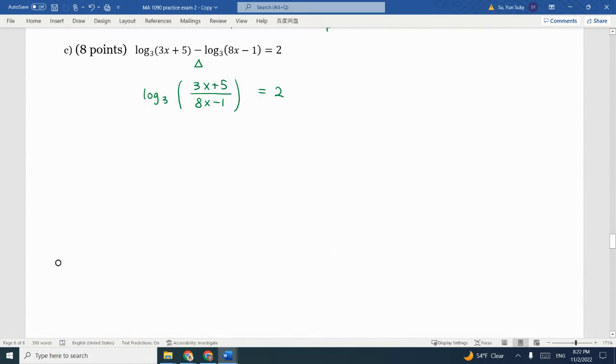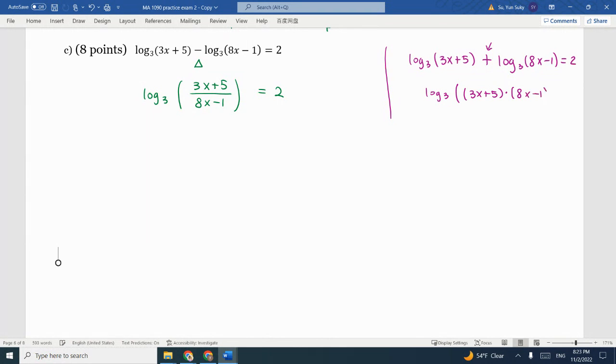Subtraction gives us division. If the problem asks you log 3x plus 5 plus log 3 ax minus 1 equals 2, and this is plus, then you combine additions into a product.